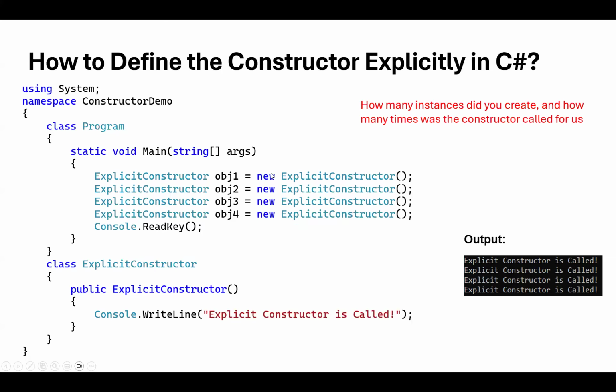So we create 4 objects, we run 4 constructors, and we have 4 rows on the screen.